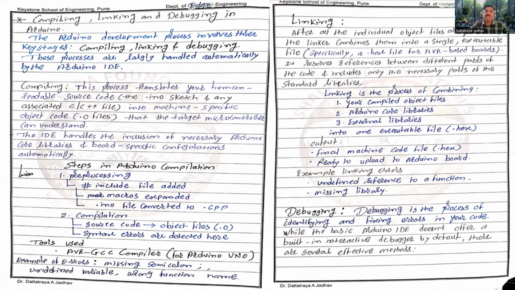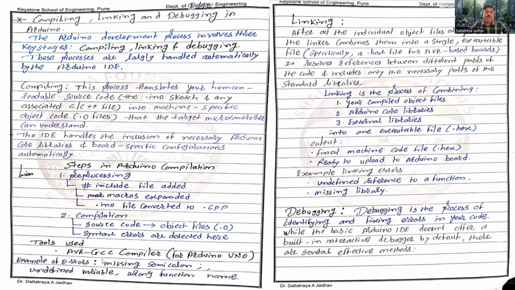The IDE handles the inclusion of the necessary Arduino core library and the board-specific configuration of Arduino. Right. So just like the setup in the Arduino compiler, then pre-processing, include files added, then macro expansion, the .ino file is converted into a .cpp file, then the compiler turns source code into object files, that is .o files, and detects syntax errors.